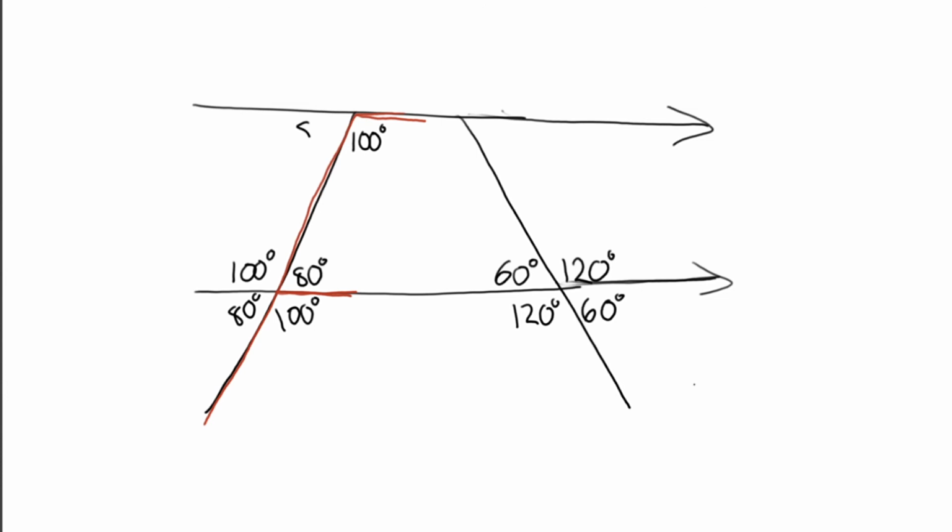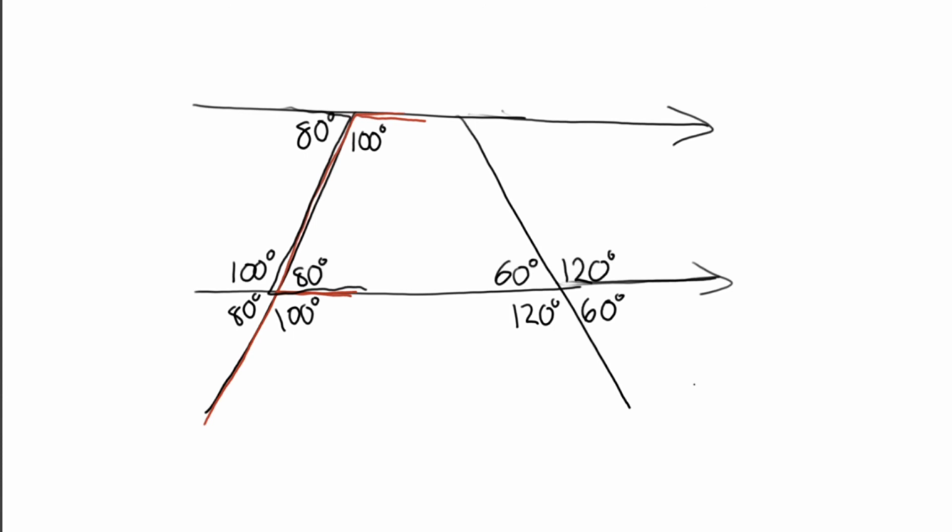And then it would be 80 beside there. You could have used the Z rule. Can you see that Z there? So you could have used the Z rule as well to try and spot that had to be 80 degrees. So whichever rule you can see is fine to use. So sometimes you do have an option or a choice of what rule you want to use.